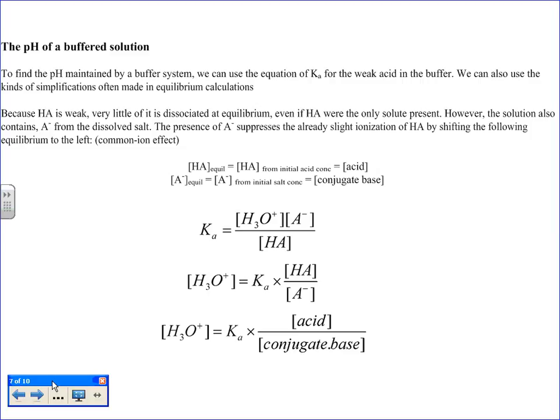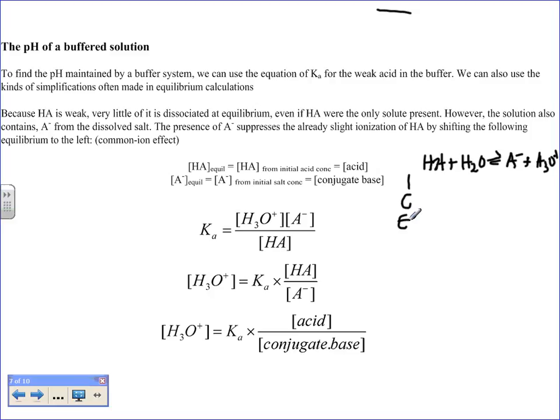Okay, so what we have here, if we look at a general solution, in your notes, you've got HA plus H2O in equilibrium with A minus and H3O plus. The calculations that we use in order to calculate the pH of a solution when we're dealing with a buffer are exactly the same as when we're dealing with a common ion.